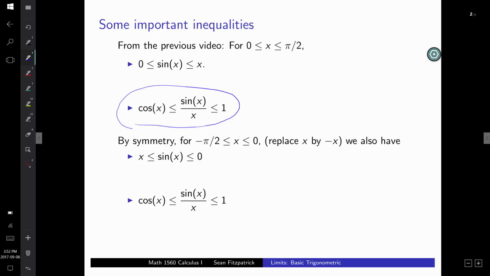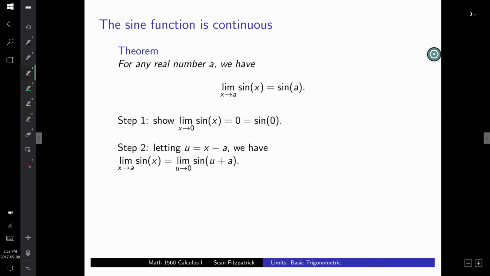Now, one of the things you'll see here is that the sine function is always squeezed in between 0 and x, at least when x is close to 0. So keeping the squeeze theorem in mind, what do you think that's going to tell us? Well, that's going to give us a basic result: the limit as x goes to 0 of sine x equals 0.